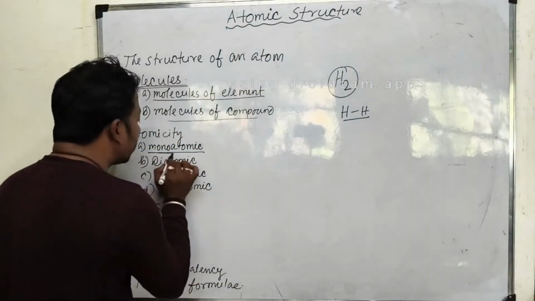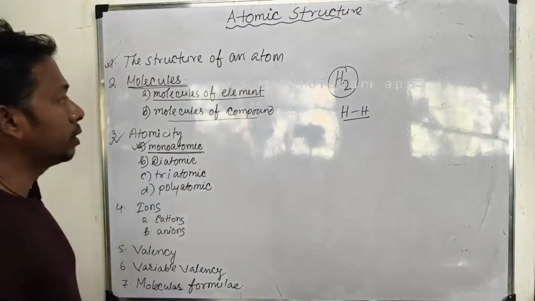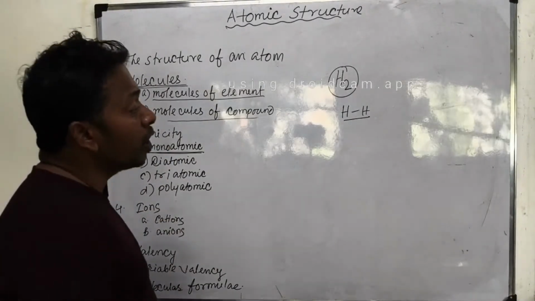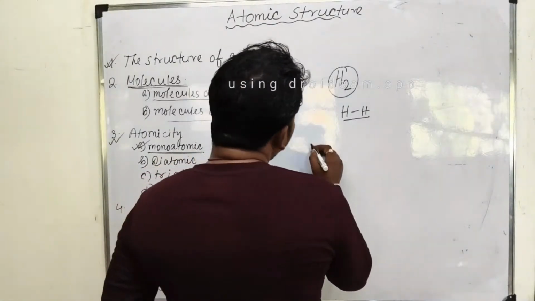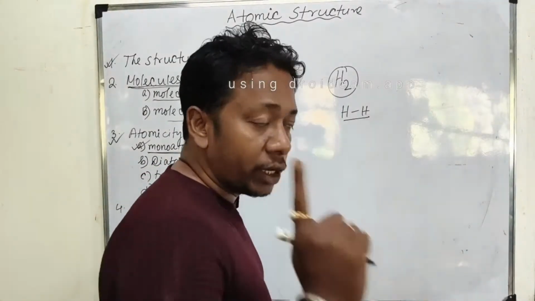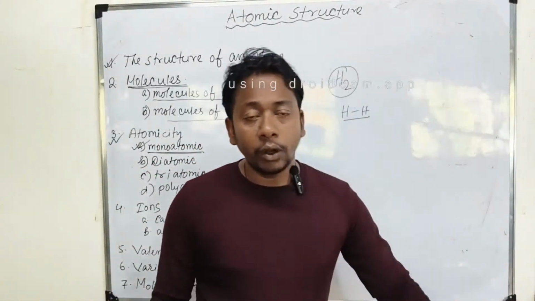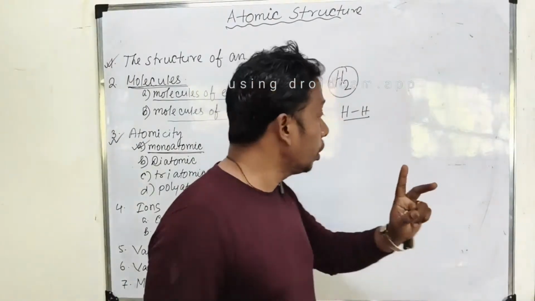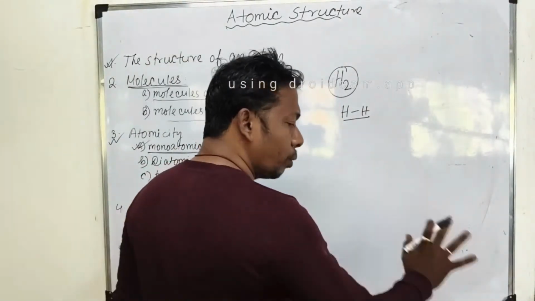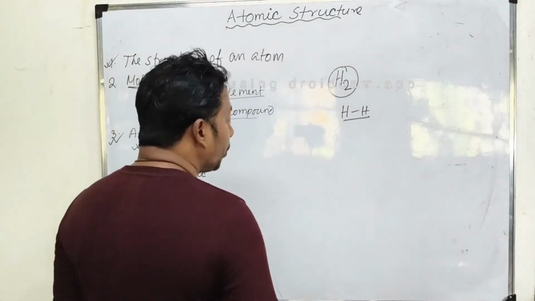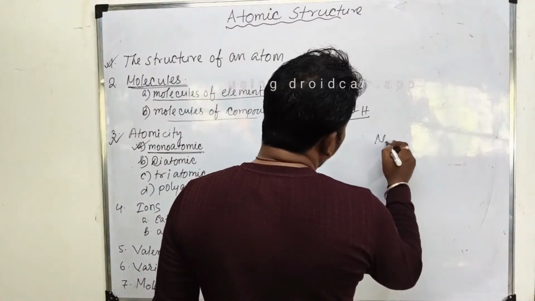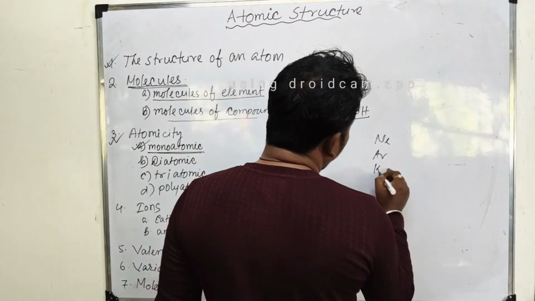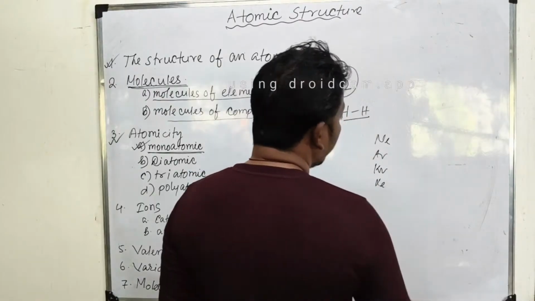Now, what is monoatomic? Monoatomic means if an element contains only a single atom. All the noble gases are monoatomic. Noble gases means neon, argon, krypton, xenon, radon.